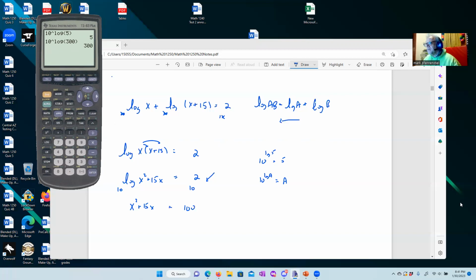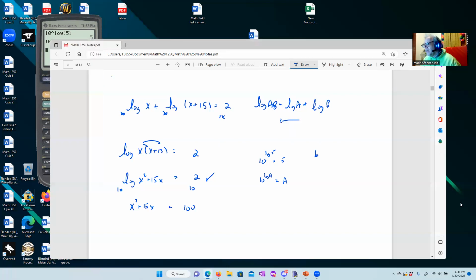So b raised to the log base b of something is that something, as long as this expression is defined, as long as it makes sense. So you have to be careful about that, but otherwise, that's how you get rid of the logarithm.